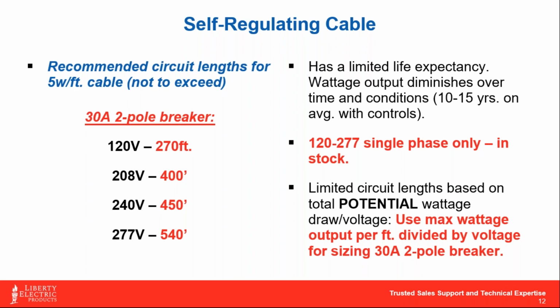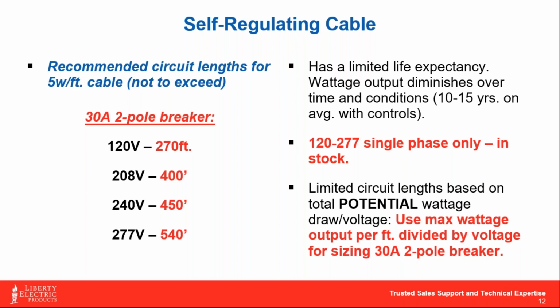So in that particular scenario, a 5 watt a foot cable has the potential to pull a maximum of 12 watts a foot due to its construction. Now, the only time that should ever happen is if that thing was fully encased in a block of ice, which is obviously chances are slim to none.